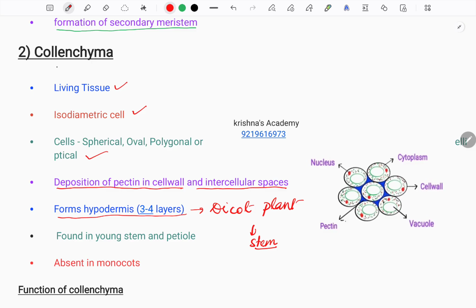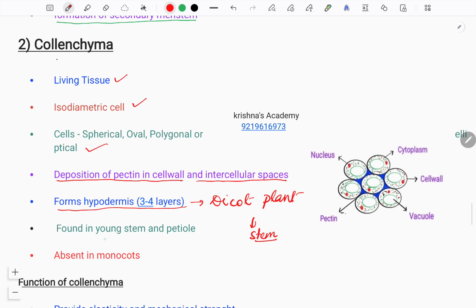I am repeating again: hypodermis in dicot stem is collenchymatous, that is, it is made up of the collenchyma. It is found in the young stem and the petioles. Okay, and it is absent in monocots.